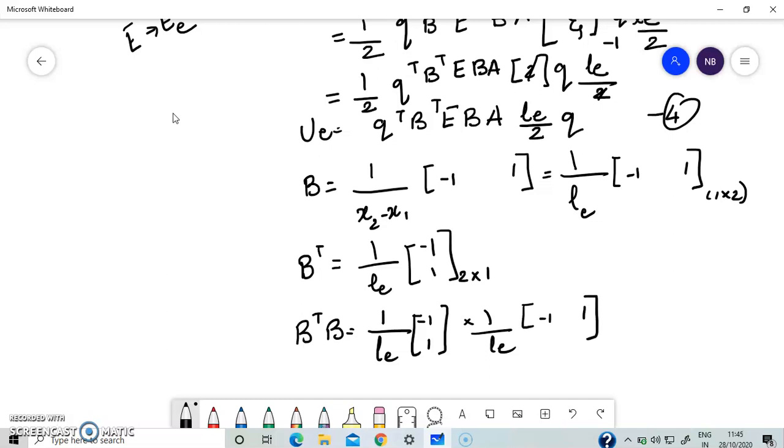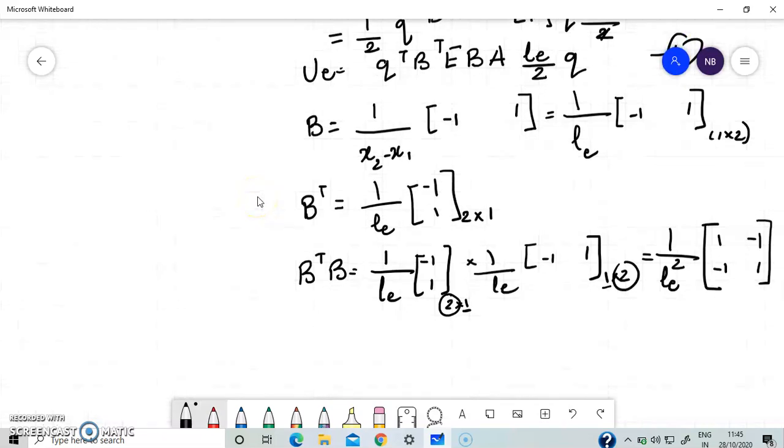Now this is a 2 rows 1 column matrix, and this is 1 row 2 columns. So the columns of the first matrix match the rows of the second, and the resultant matrix has to be of size 2 by 2. So 1 by L_e square, we multiply these terms and we get a 2 by 2 matrix.